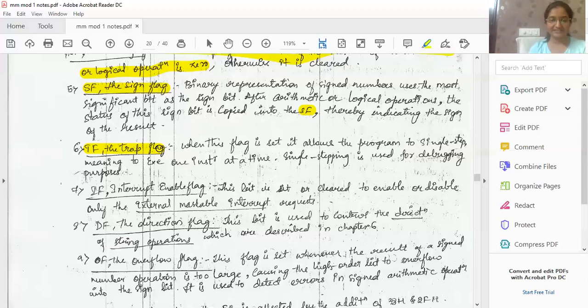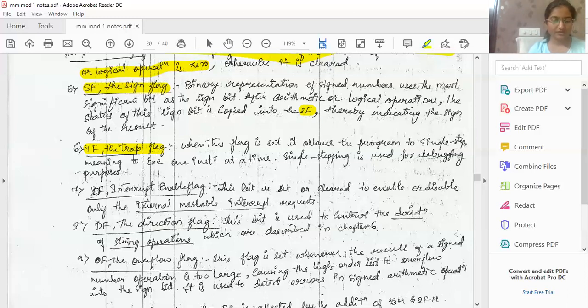The trap flag's function will be much clearer when we study a few example programs. For now, remember that whenever the trap flag is high, one instruction will be executed at a given instant of time.